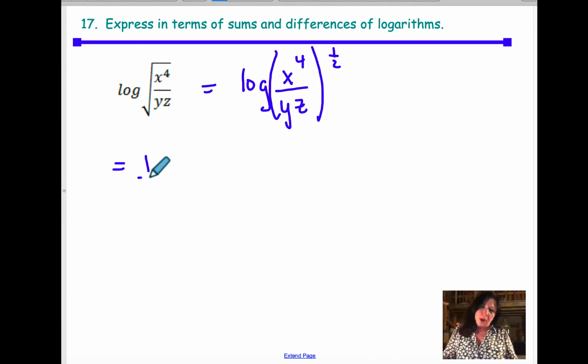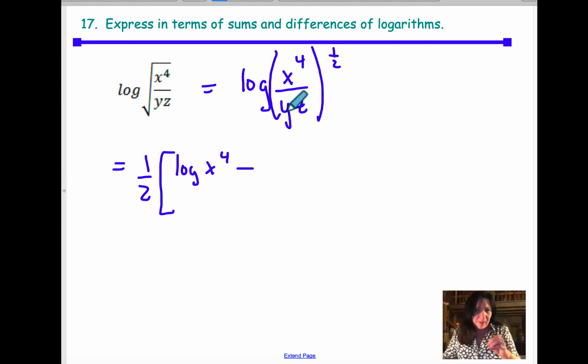So I'm going to get 1/2, and then I've got log of x to the fourth. Now remember, division means minus, so subtract, and then I'm going to keep those together for just one second. So that's going to be log of yz.